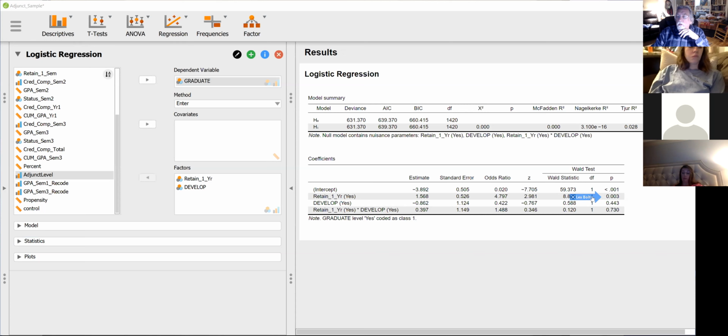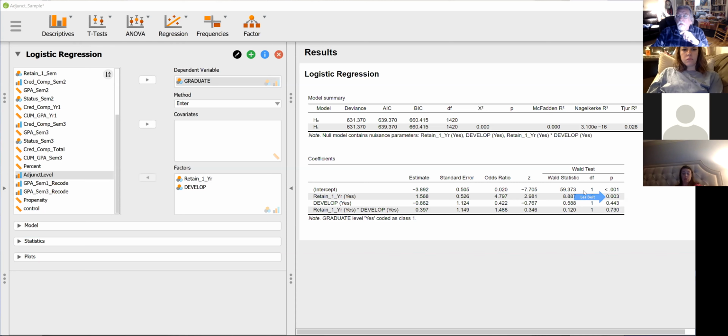Whether they were in developmental ed or not was not significant; the p-value is not less than 0.05. Or the combination of those two. People that were retained the first year and in developmental ed was not a significant predictor. The only thing significant was the fact that they were retained from year 1 to year 2, so there was no break in their schooling.